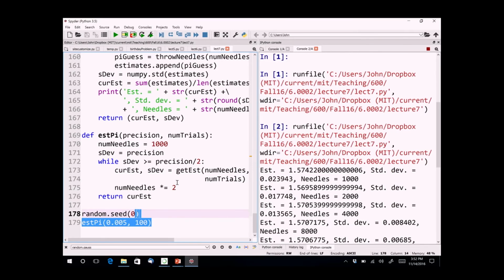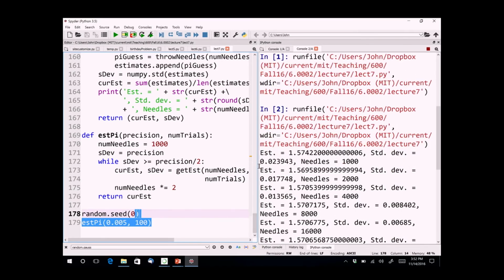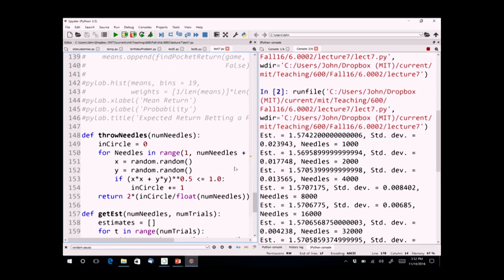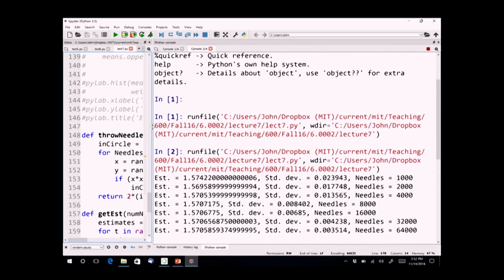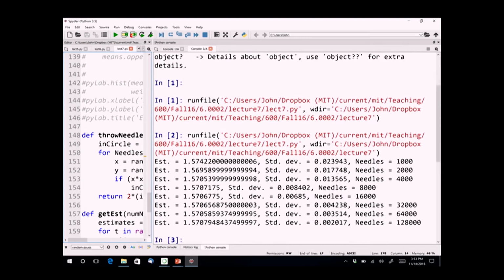And what you'll see as it runs is that once again, we're getting very nice confidence intervals, but totally bogus values of pi. So the statistics can tell us something about how reproducible our simulation is, but not whether the simulation is an actually accurate model of reality.